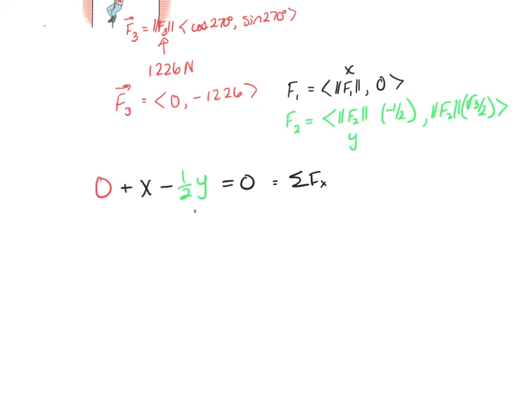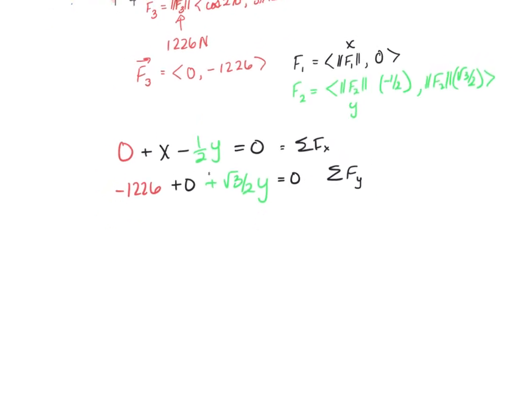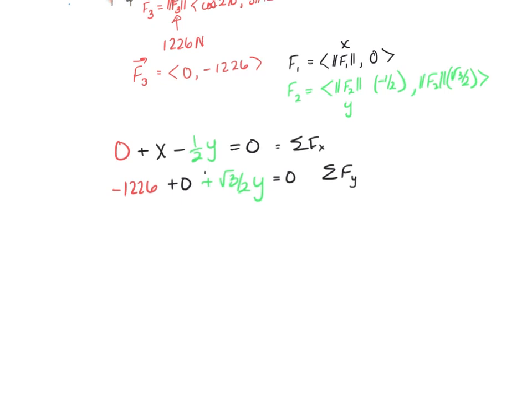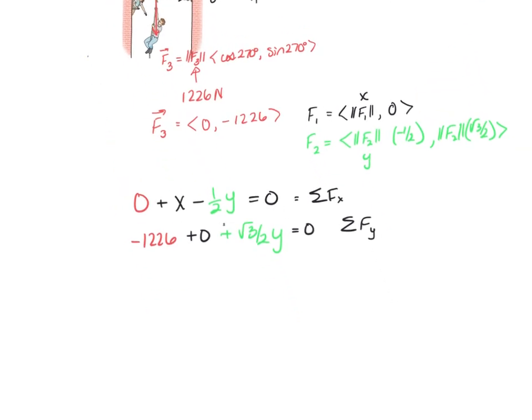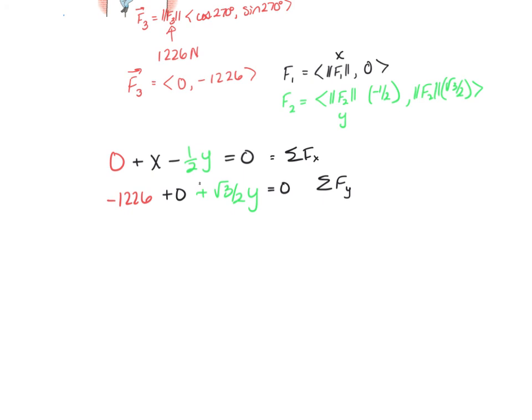Now in the y direction, I have the negative 1,226 plus the 0, and then plus the square root of 3 over 2 times my y. And this also has to equal 0, the summation of the forces in the y direction, which I now can tell you what y is. My magnitude in the tension of the rope that is 60 degrees off the horizon. That is my y.